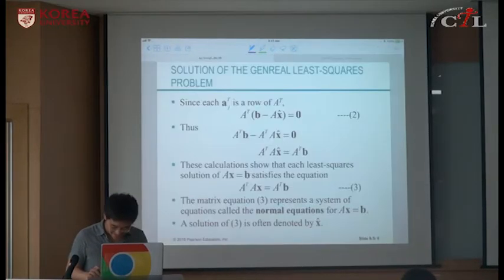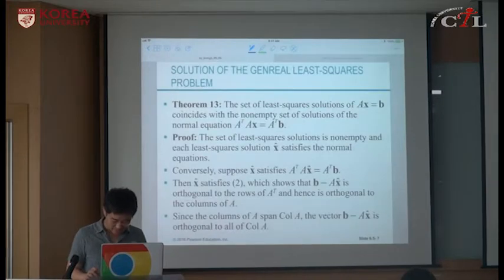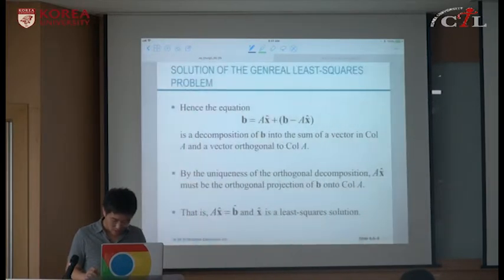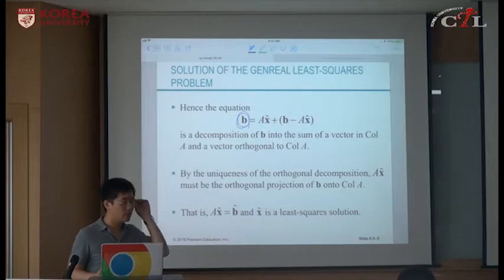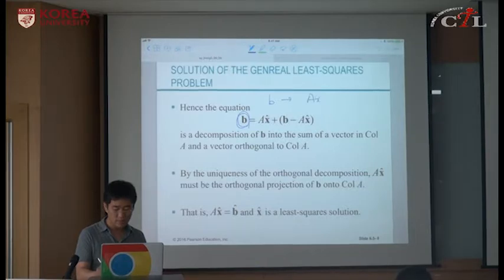Okay, so let's cover the remaining parts. So now our vector b can be understood through this process: from b we obtain Ax hat, where x hat is the minimizer of ||b minus Ax||, right?